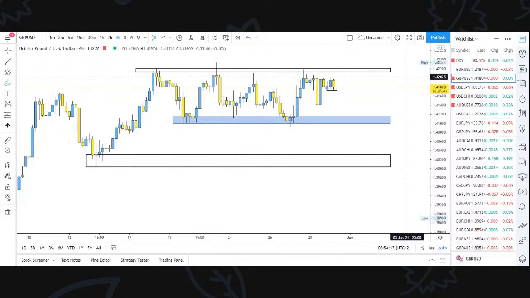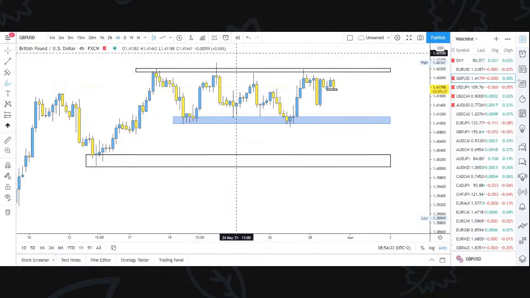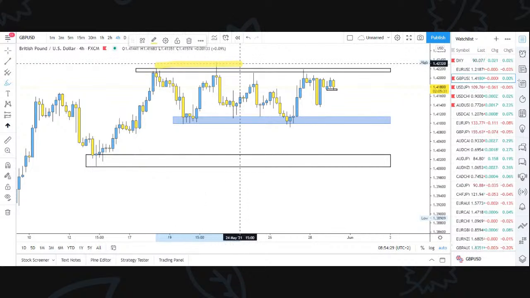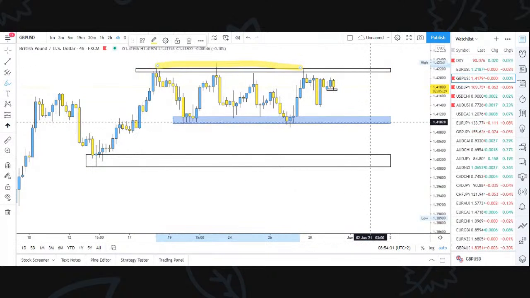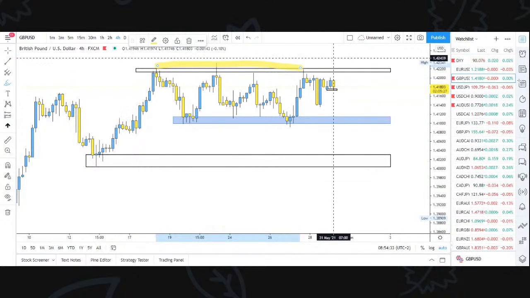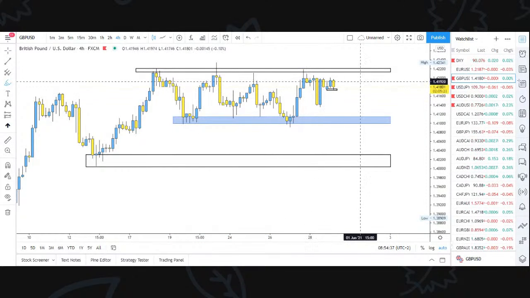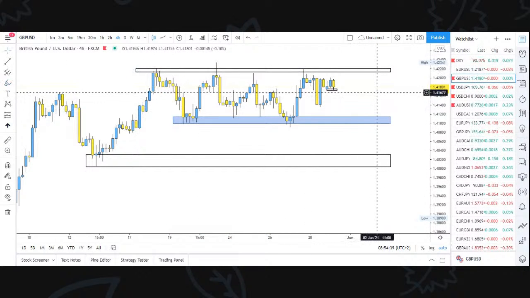I don't know exactly what is going to happen with price, but this is just my point of view. I think a lot of people have buy stops here, so I see price taking this out and then possibly coming back in to grab stops and then continue going up. I do see pound going up for quite a while.